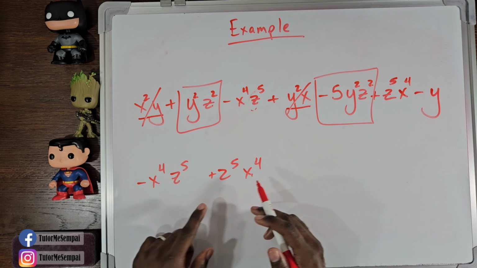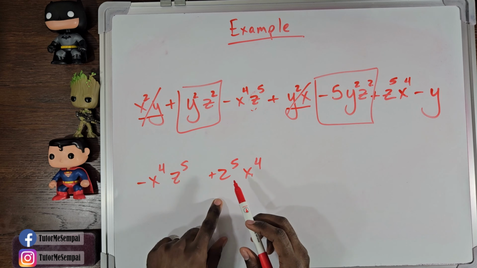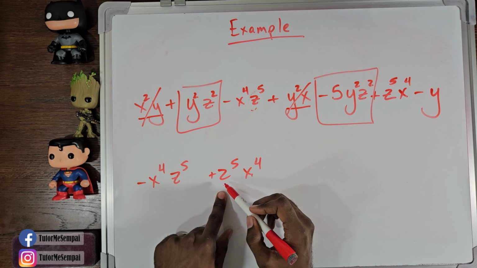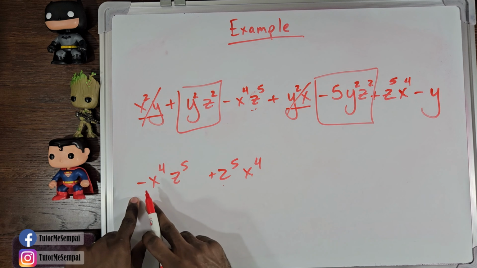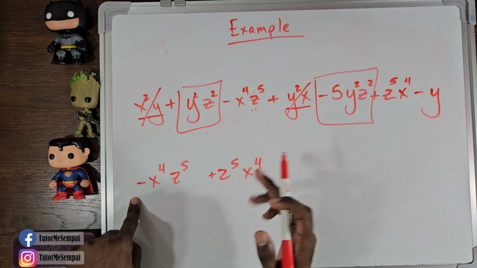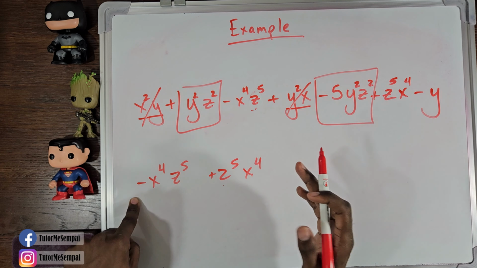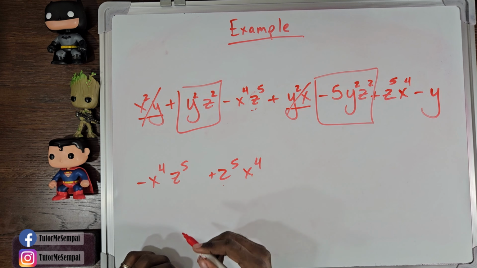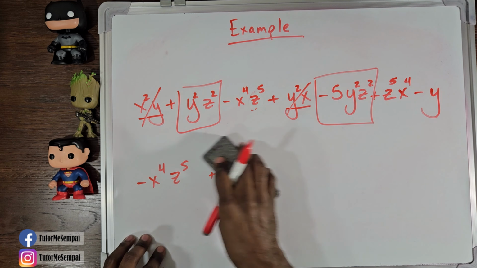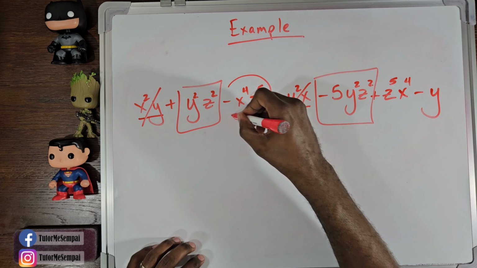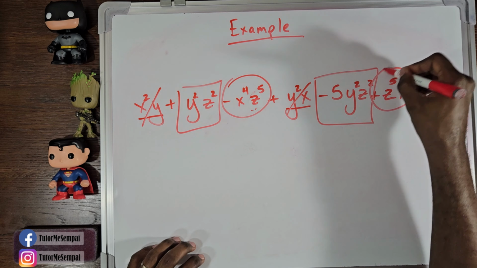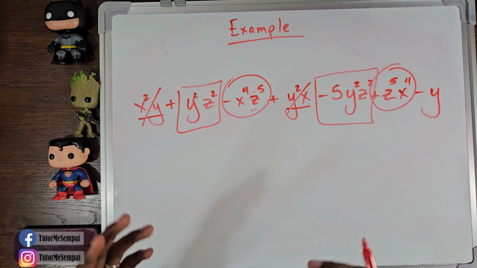Order doesn't matter when it comes to your variables. As long as it's the same variable with the same exponent, it's a like term. And the coefficient, once again, doesn't matter. That's negative, that's positive. Doesn't matter for identifying like terms. These are considered like terms. So we can say this and this are going to be like terms.